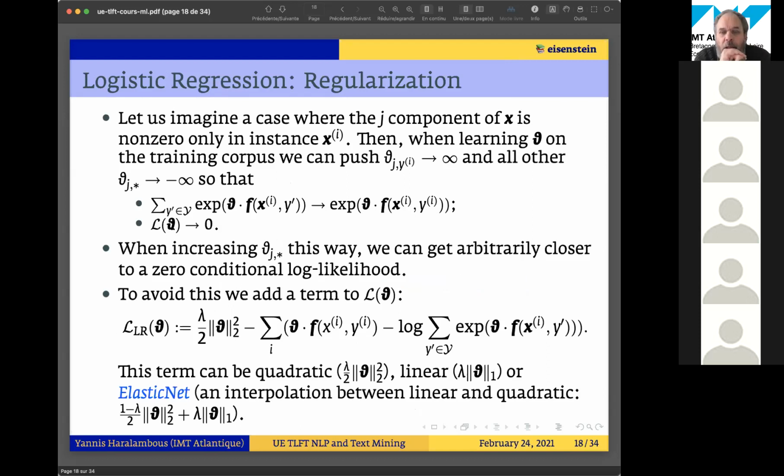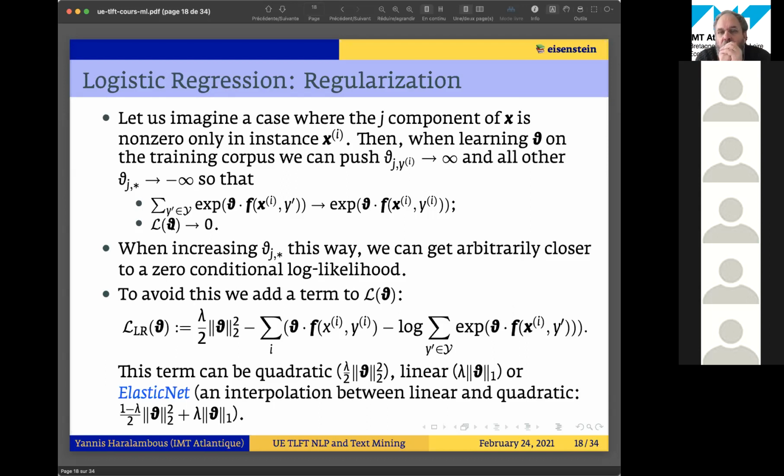Now, once again, we have a problem with the calculation of theta. Imagine a very special case where you have a given feature J. So these are bag of words, so J will be one word. And imagine that this specific word J appears only in one document.